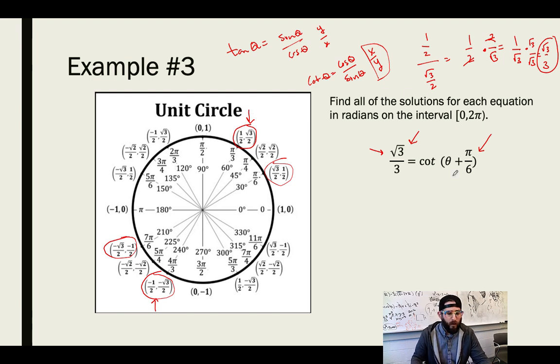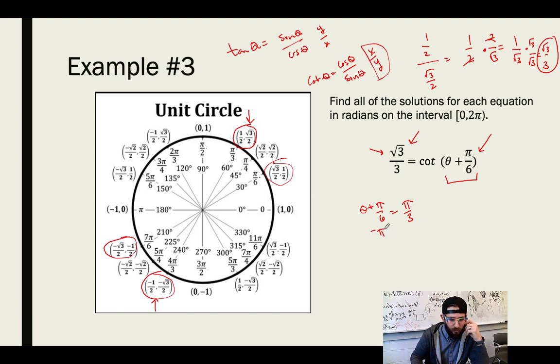However, we know that this right here, theta plus pi over 6, must be equal to pi over 3. Now this theta value is offset by that pi over 6, so we need to account for that in the work that we're doing as we're defining the solution.